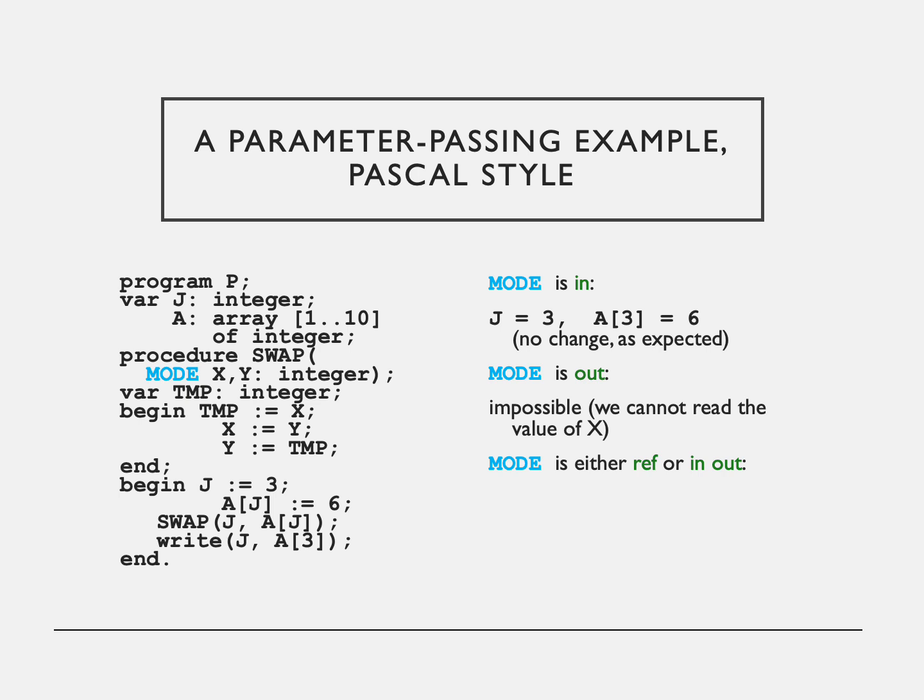In out mode is the mode used in this example, where it allows both read and write access to the parameters, which is necessary for swapping their values.